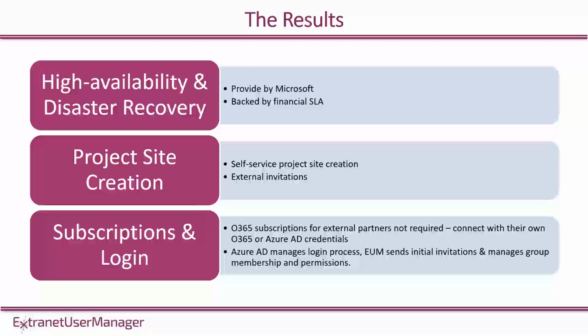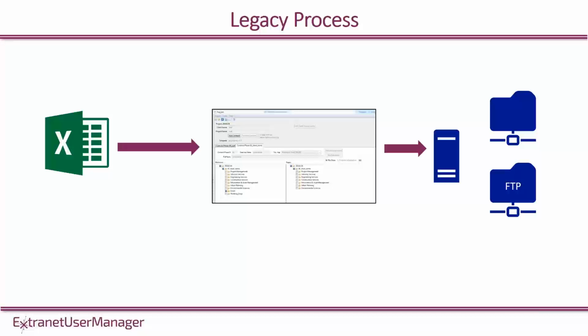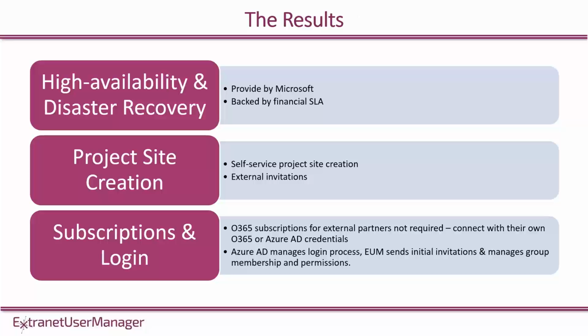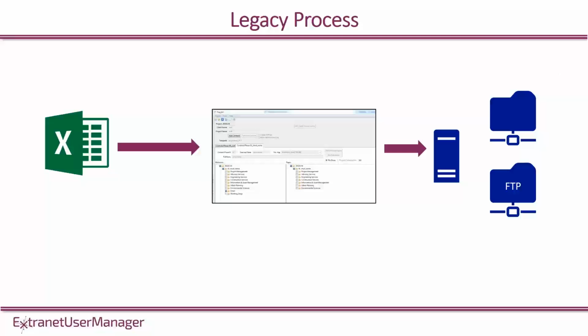But then also the idea of automation around the project site creation to make it very easy. We're going to show you the legacy process that pre-existed this and the new process that we've got in place now and the improvements that are being made. And then the last point around subscriptions, as Michelle mentioned, we've got 450 external users already in without doing a lot of marketing around that.